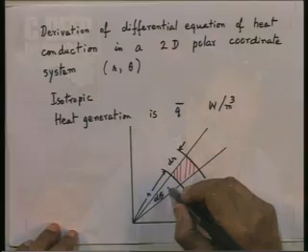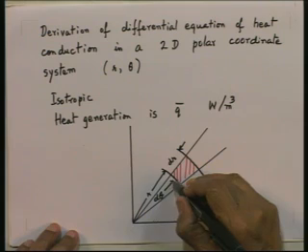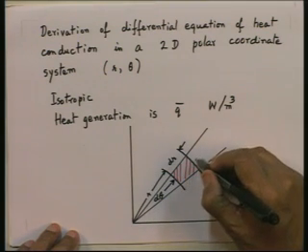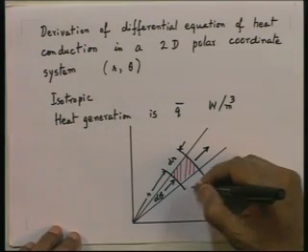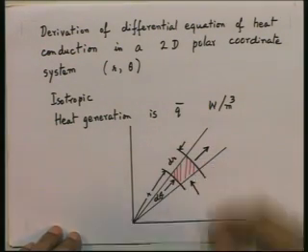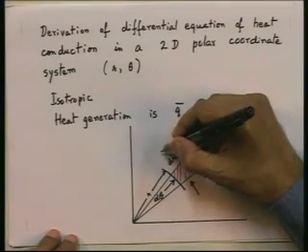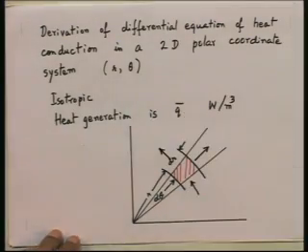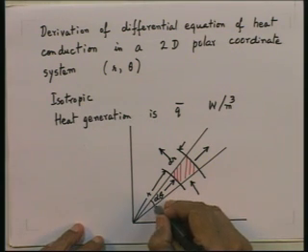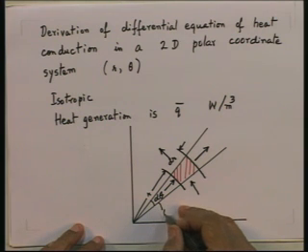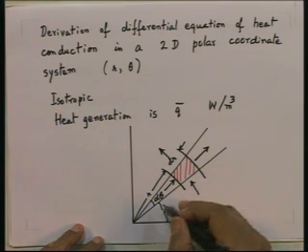Now, again like last time, let us put down expressions for the heat being conducted in and out of this element. So, we are going to put down expressions for heat being conducted in the r direction into this element, heat being conducted in the r direction out of this element, heat being conducted into the element in the theta direction, and heat being conducted out of this element in the theta plus d theta direction. This is the angle d theta and this is the angle theta. All right.